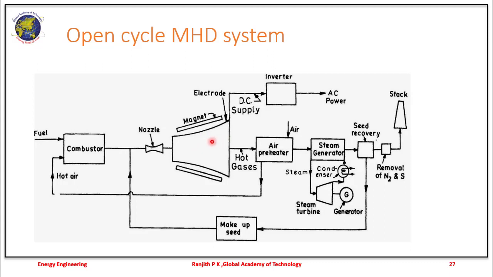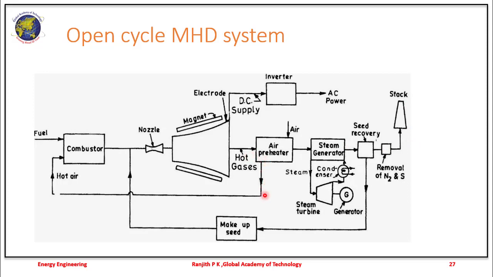This MHD system conducts the air, which is the working fluid here, and then generates power through the use of an inverter and generates AC power. The inverter converts the DC power into AC power, and these hot gases are then made to pass to the air preheater and steam generator, and as I said, the regular system works.